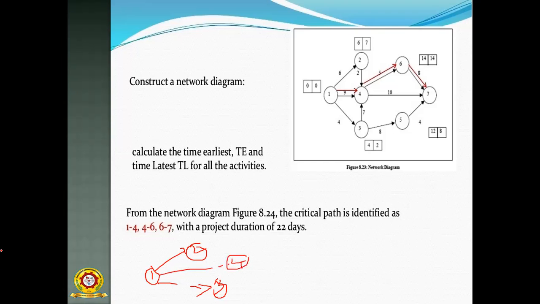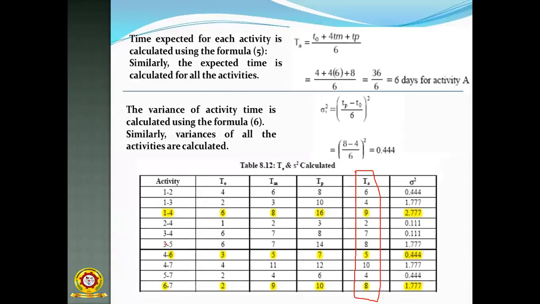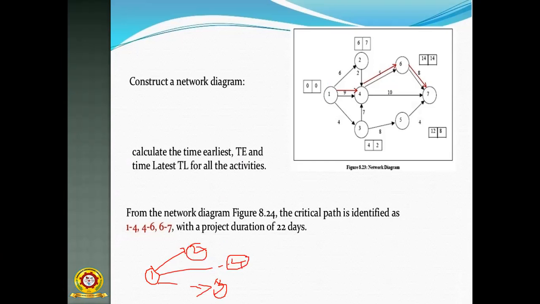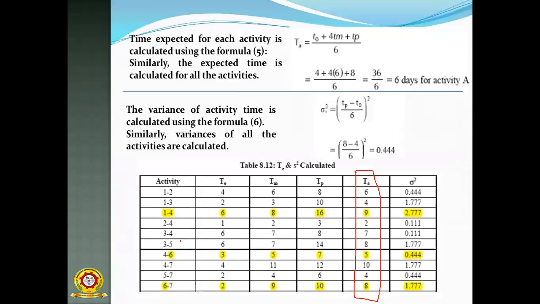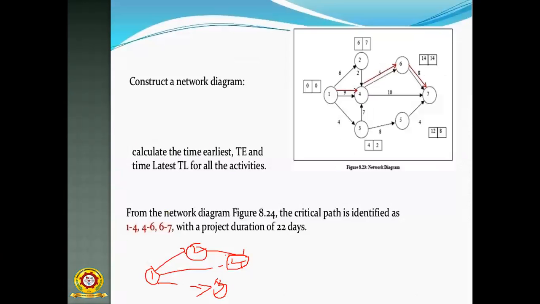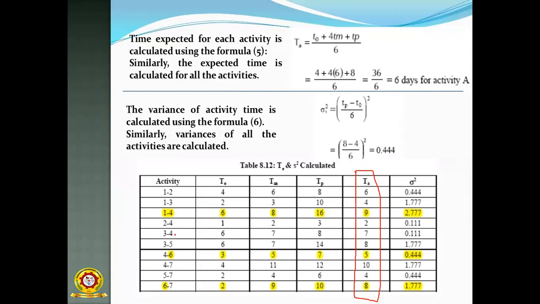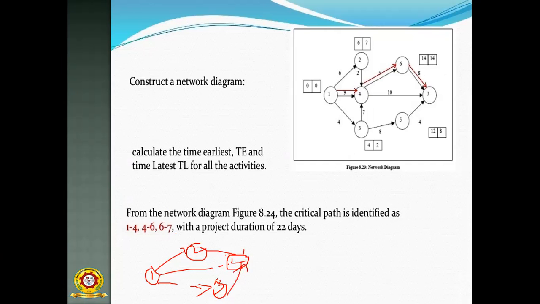Then the next one is 2 to 4. Again 2 is combined with 4, so we connect 2 to 4. Next one is 3 to 4. Again 3 is also connected with 4. So like this, 3 to 4 is completed.